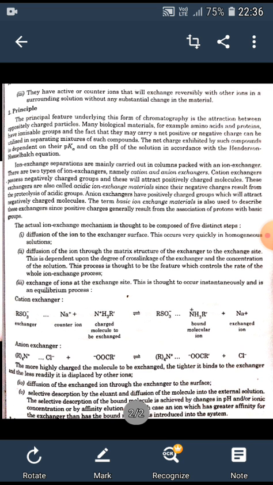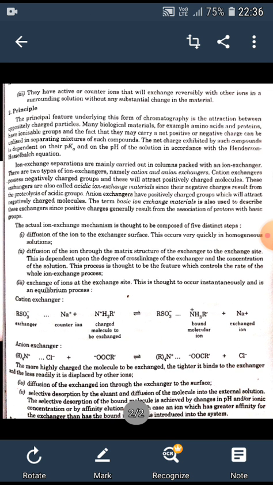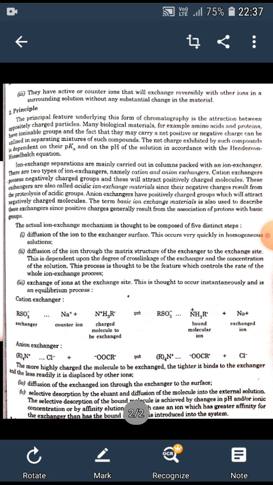The third step is the exchange of ions at the exchange site. This step is considered to occur instantaneously and is an equilibrium process. An example is shown in the following equation, where an exchanger which is represented by RSO3 minus combines with a sodium ion, which is a counter ion.